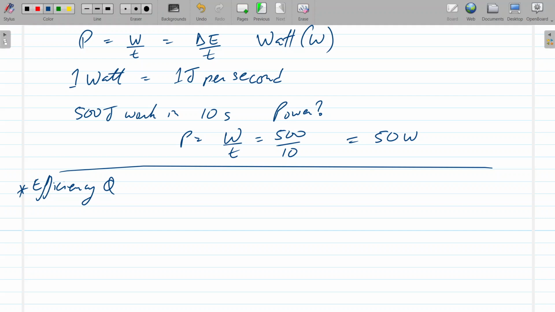Calculate the efficiency. So, energy input is 400 joules. What's the work done over here? It has moved a 200 newton load a distance of 1.5 meters.